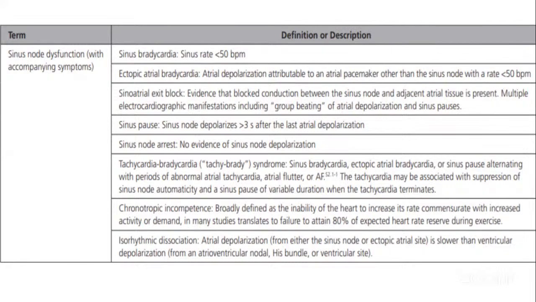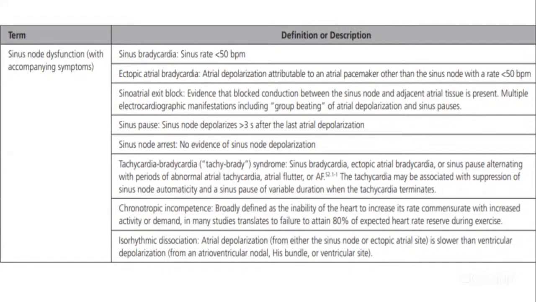Then the next way that you can also suspect a patient has sinus node dysfunction is when there is chronotropic incompetence. The meaning of this is, when we are exercising, the heart is supposed to be able to increase its rate, its function, to be able to supply the amount of blood commensurate with the need of the body, to increase the heart rate to match up with the level of activity at that point in time.